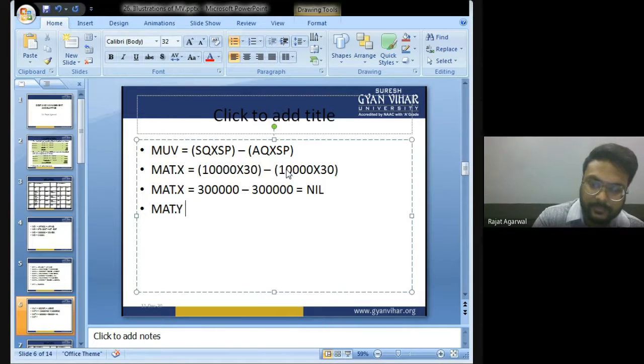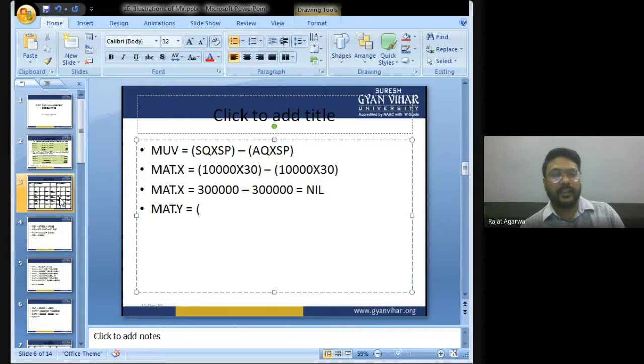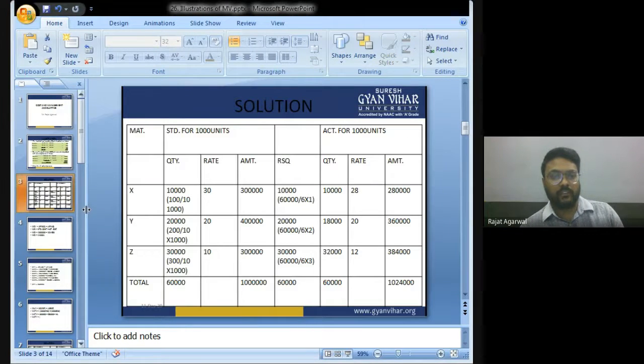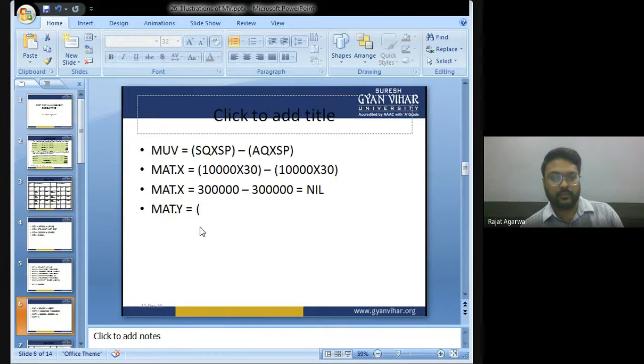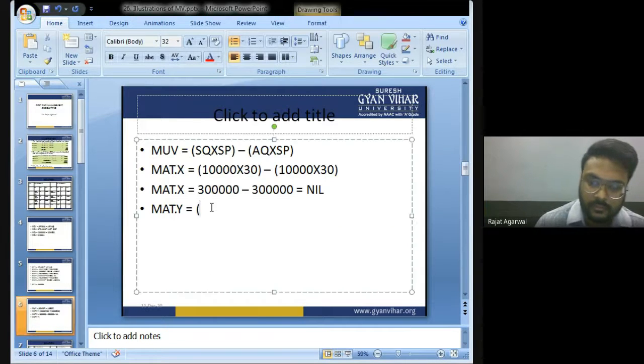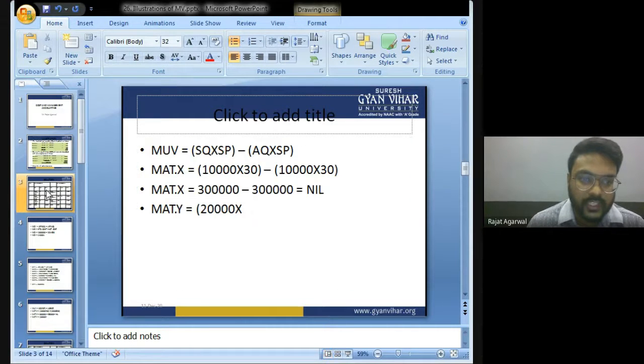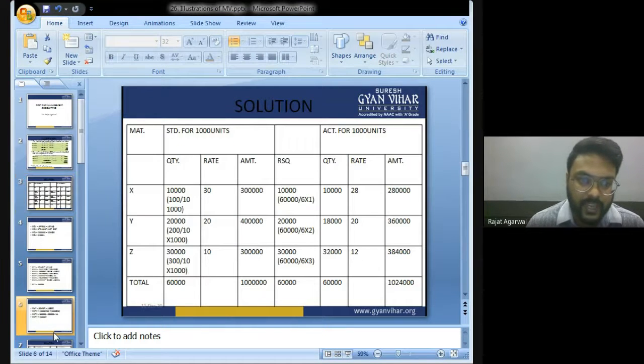Material Y. Standard quantity of Y is 20,000 into standard price of Y, 20.